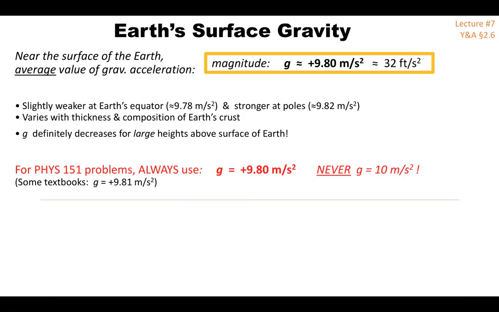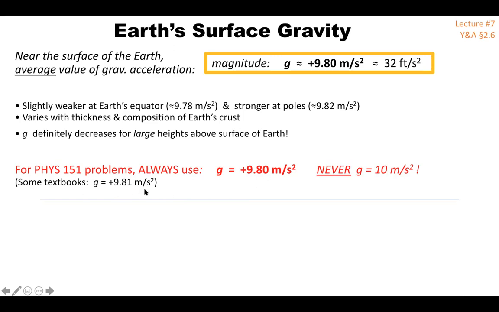If you just want to do an order of magnitude calculation, so it's just very approximate, then a common approximation is to substitute 10 meters per second squared for little g. However, for all of the numerical problems that you do for Mastering Physics or for exam problems, it will be expected that you'll be using 9.80.